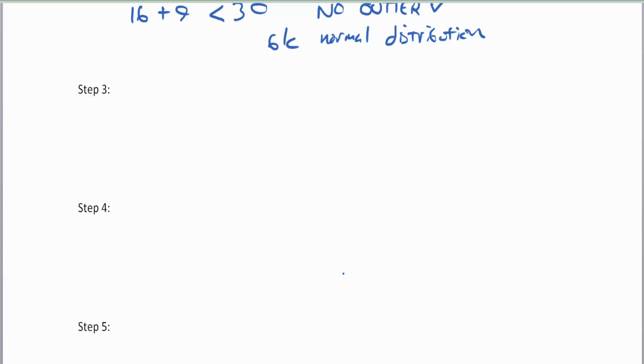This is where we go to the technology and we let the technology do the work for us here, because the problem itself, if you want to take a look at those formulas, they can get pretty complicated. So we're going to do the 2 sample t-test in our calculator, and I'll show you where that is, okay?